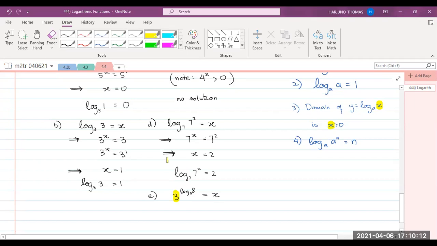The base is 3. The exponent is log base 3 of 8. The answer is x, which is the argument. Now because it is exponential form, I will rewrite that into log form: log base 3 of x is equal to log base 3 of 8.